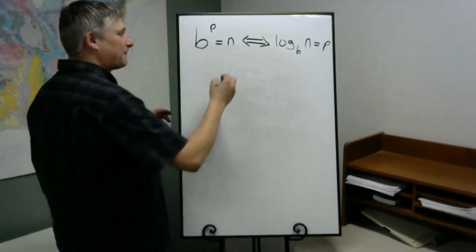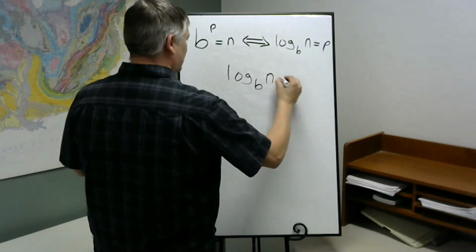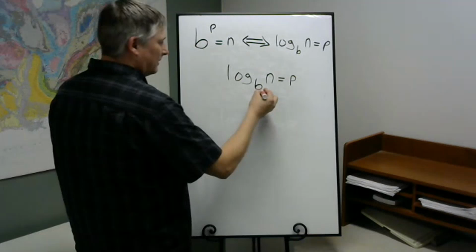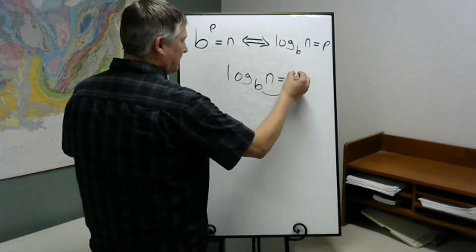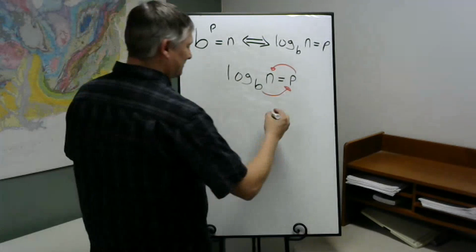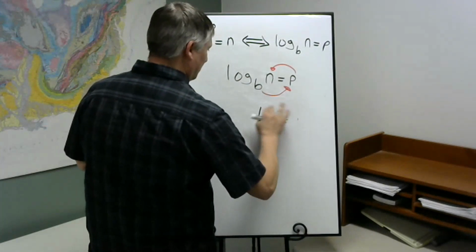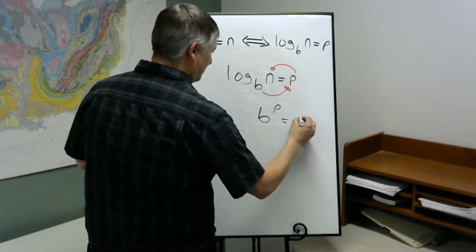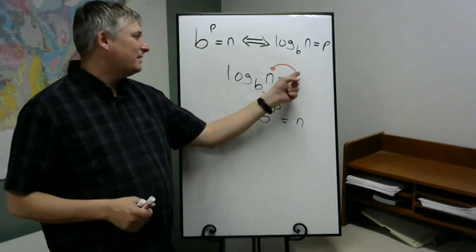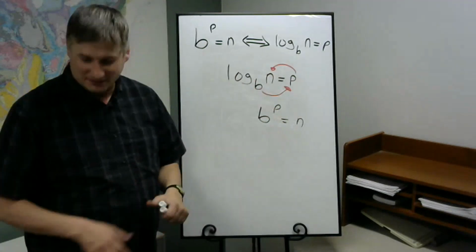Another way of thinking about this: b to the p is equal to n. So you go b to the p is equal to n, just kind of go counterclockwise around your logarithms.